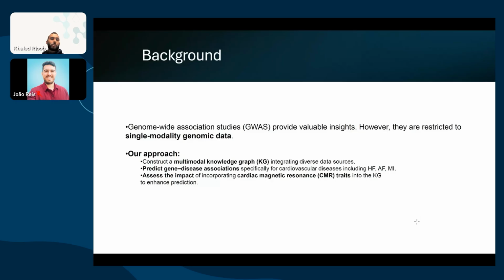So our approach is to construct a multimodal knowledge graph that integrates different biomedical databases, and to predict gene disease associations specifically for cardiovascular diseases, including heart failure, atrial fibrillation, and myocardial infarction. And also we assess the impact of incorporating imaging data, cardiac imaging data, on the performance of the knowledge graph.